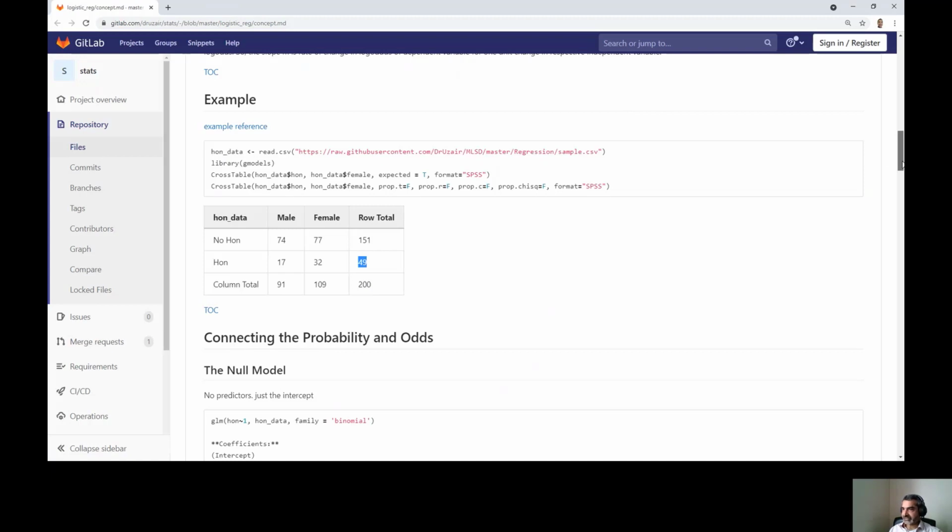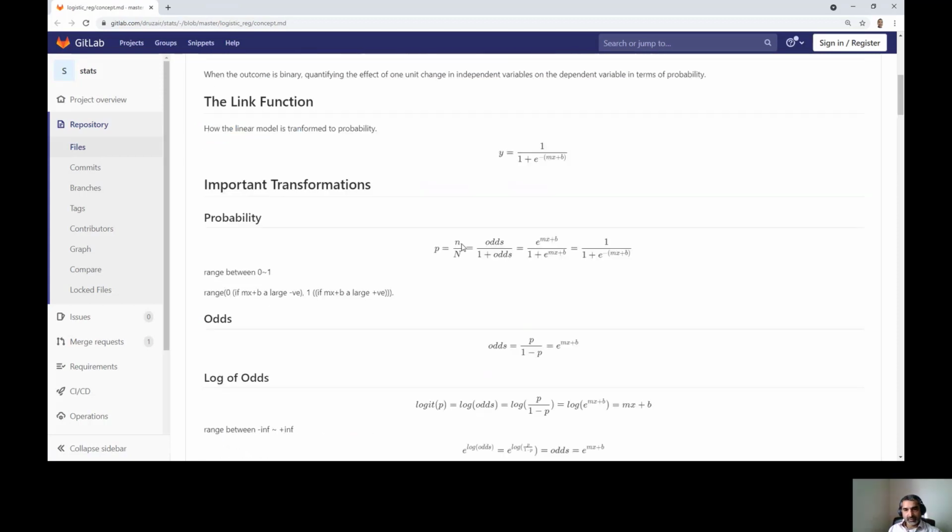All right, we keep this number, about 0.24, and then we try to reach this number through logistic regression. N over N, about 0.24, 49 by 200. Now, if you remember, the definition of odds is P over 1 minus P: probability of being in honors class divided by probability of not being in honors class.